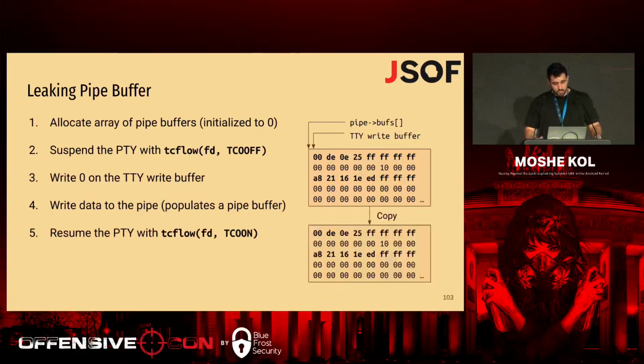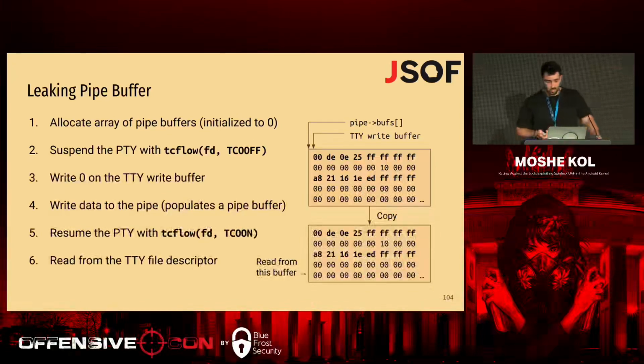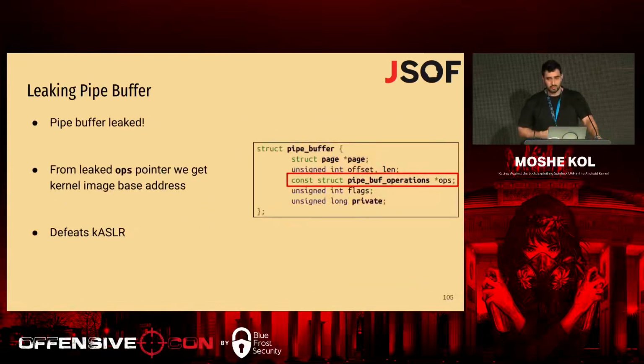Then we will resume the pseudo terminal with another ioctl, and at this point it will copy the data to the output buffer, and then we simply read it from the output buffer. This way we leaked a pointer to a global kernel data structure, and we can subtract a constant offset to get the kernel base, which defeats KASLR.